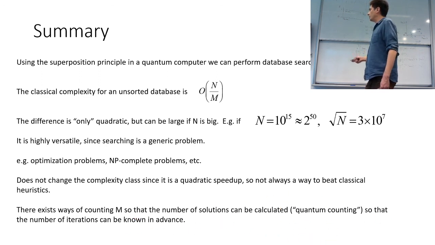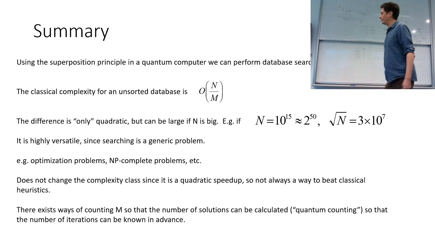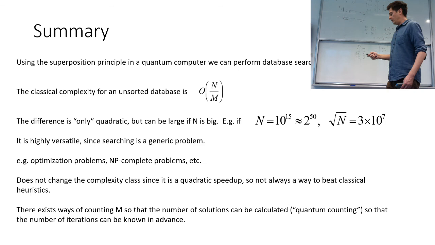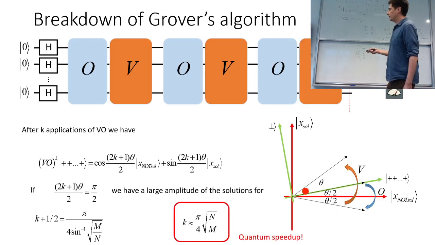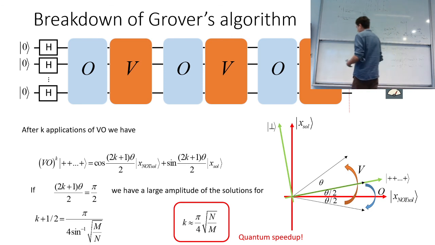There's the so-called quantum counting algorithm, which you can look up in the textbook, Nielsen and Chuang. So that can be calculated with another algorithm, or you could do it somewhat experimentally. Okay, we'll leave it there.